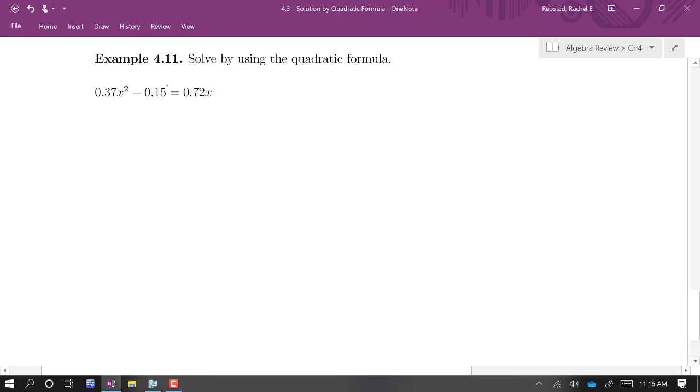So I'm going to begin by getting it in general form. I'm going to make sure it's set equal to 0, and then I can identify a, b, and c correctly. So I'm going to subtract 0.72x from both sides.